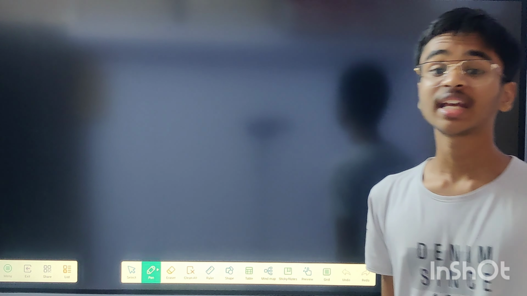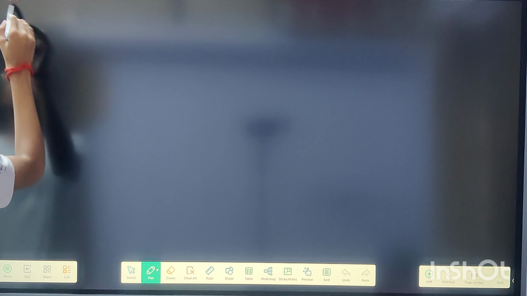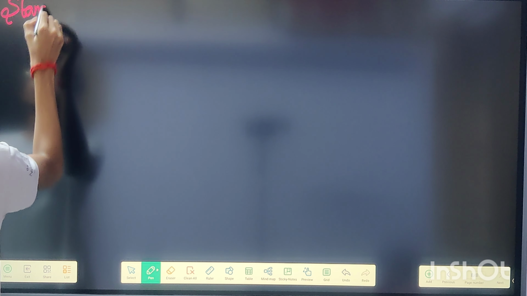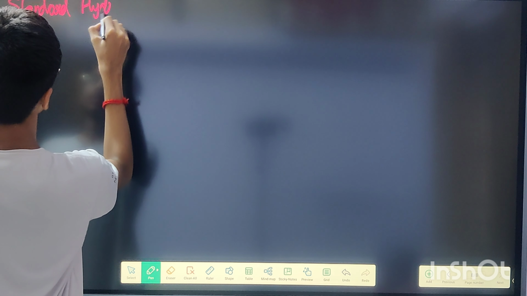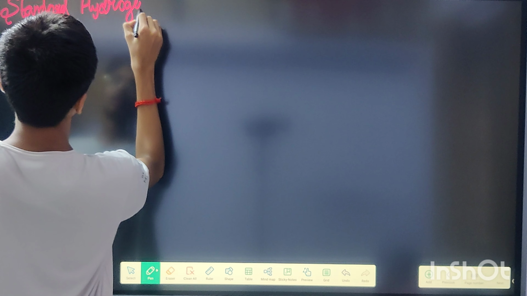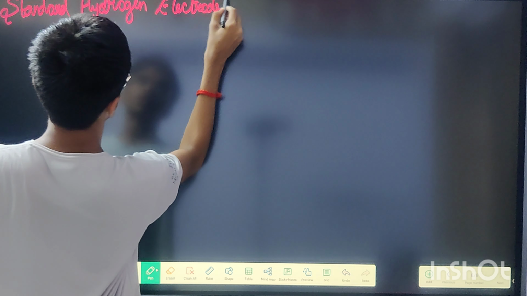Next is standard hydrogen electrode. Sorry, I keep saying that word, potential.